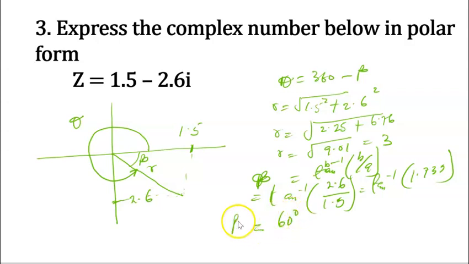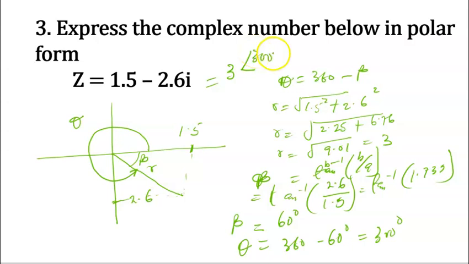So if beta is equal to 60 degrees, obviously theta is equal to 360 minus 60 degrees, which is 300 degrees. So I can write my Z in the form of 3 at an angle of 300 degrees. With this, we've shown you how to represent complex numbers in polar form.